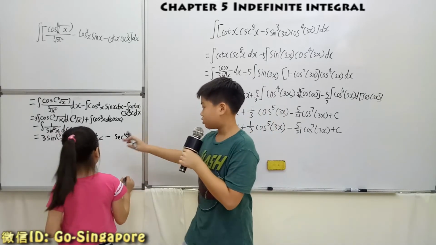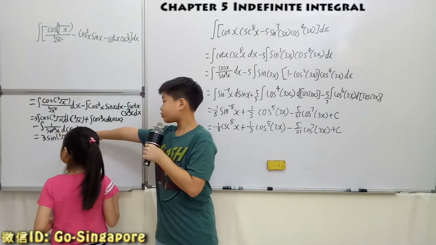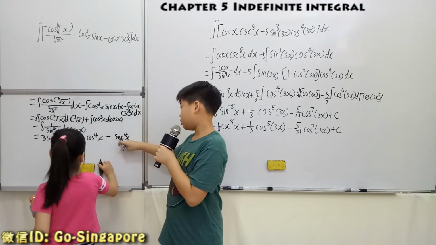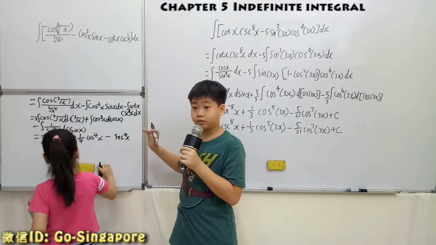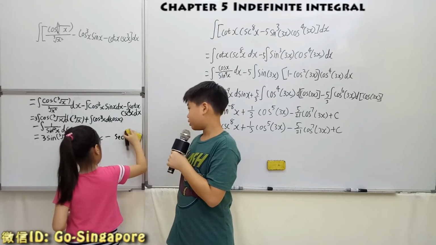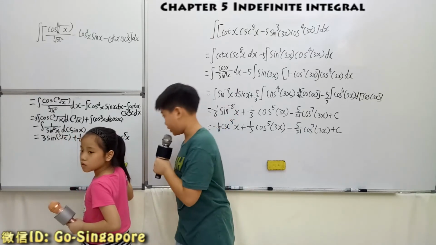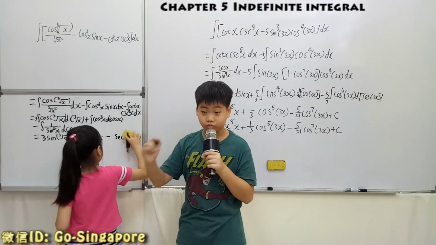Wait, so for this part, here this sine to the power of 4x. Here, why is that still to the power of 4? It should be to the power of, you mean 3, right? Because this is a negative already.